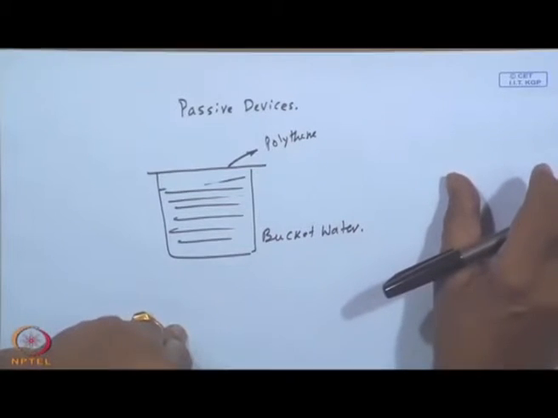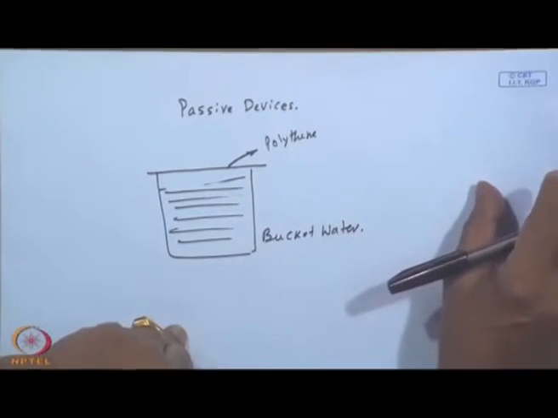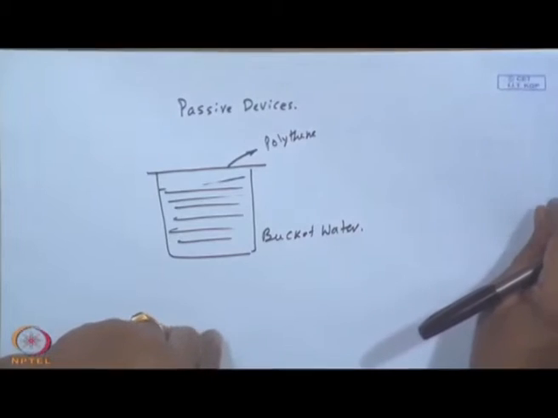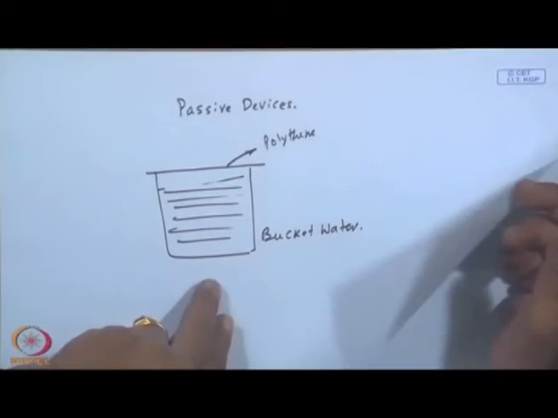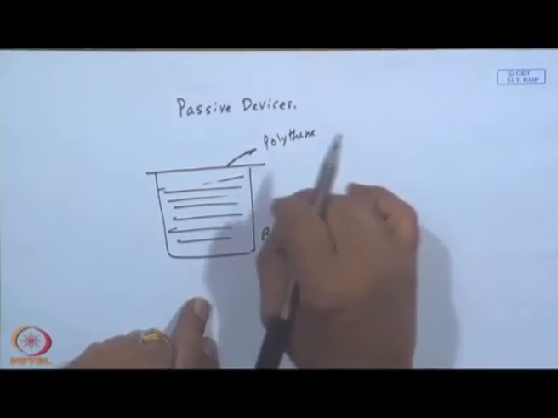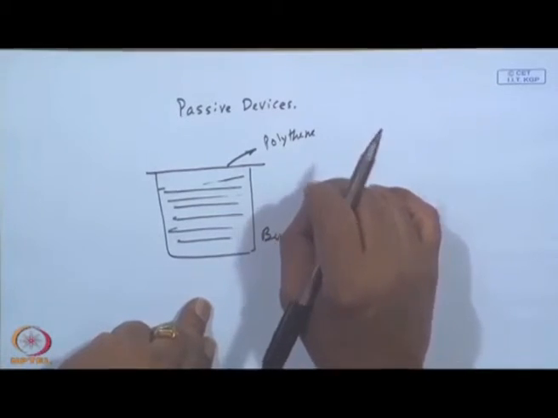So, if the ambient temperature is around 20, it may go to 30, which is a little more comfortable for taking a bath. So, this is simply passive heating, the simplest kind of passive heating that villages adopt.